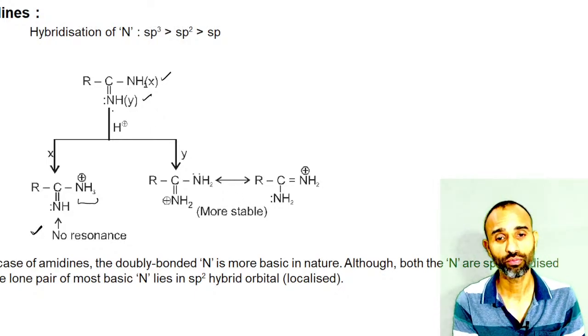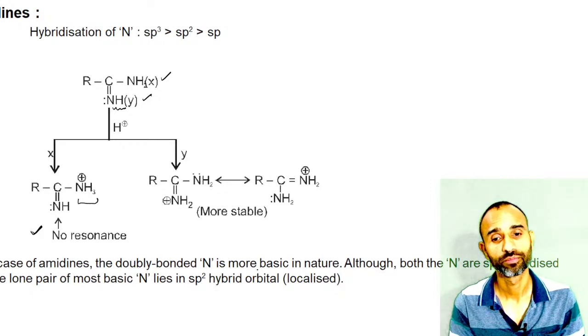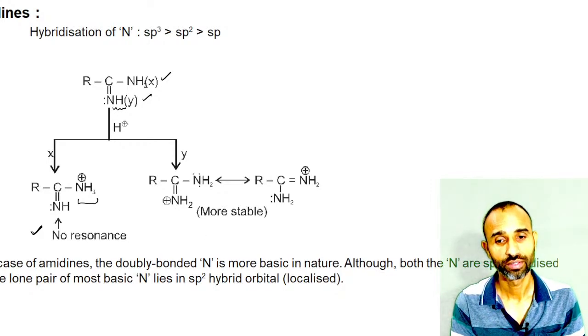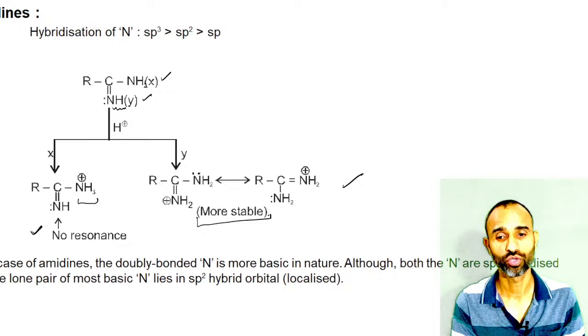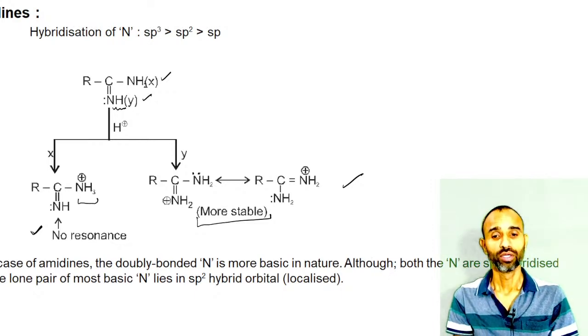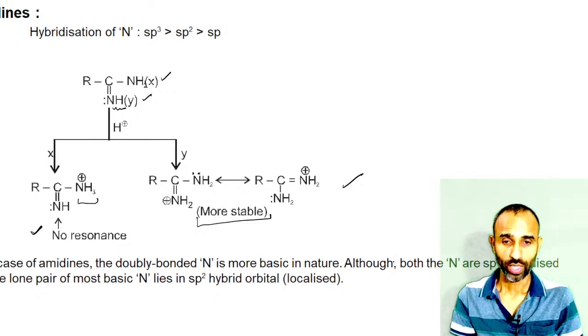But if H plus is accepted by NH, then still there is resonance. That means it is more stable. So what does it mean?